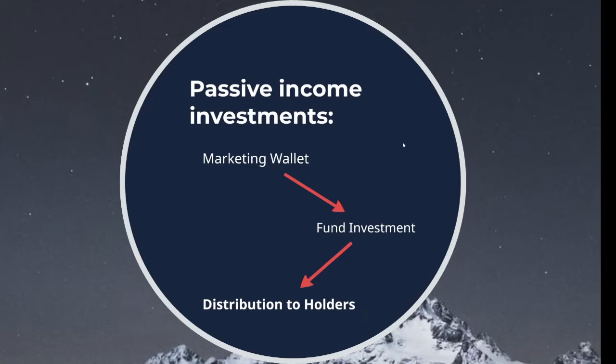Of course, the more volume we are generating, the more money will flow into the fund itself. The investments themselves, we as a team, we are vetting the investments. We are taking a look at different projects, at different ways of generating yield for the fund. Keep in mind, the fund is not actively traded.